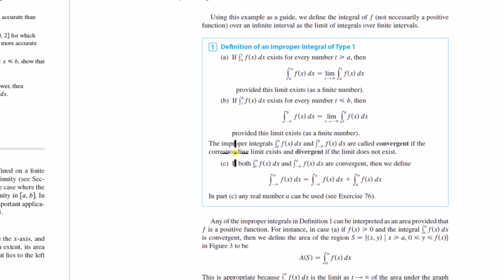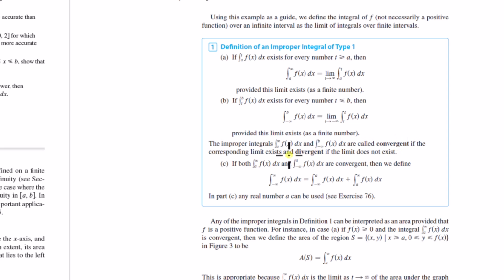Okay, and these improper integrals are called convergent if the corresponding limit exists, and divergent if the limit does not exist. And these terms we're going to become really familiar with when we get to infinite sequences and series in chapter 11.